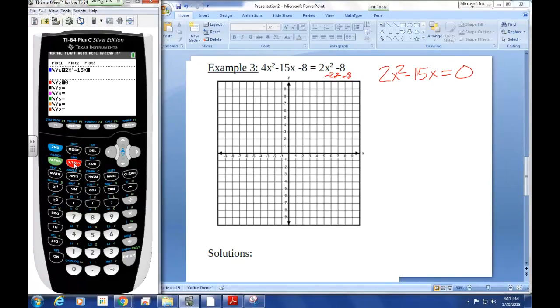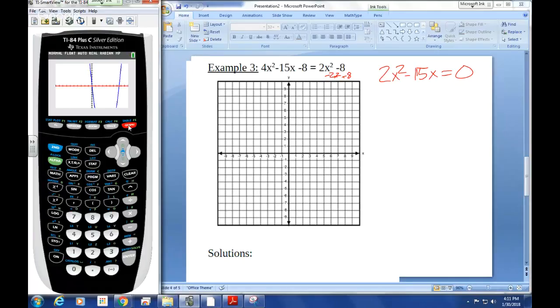And we have our 0 in y2. And now we're going to go look at the graph. So here it's going to graph that 2x squared minus 15x equals 0 equation. And it's going to show us this graph.